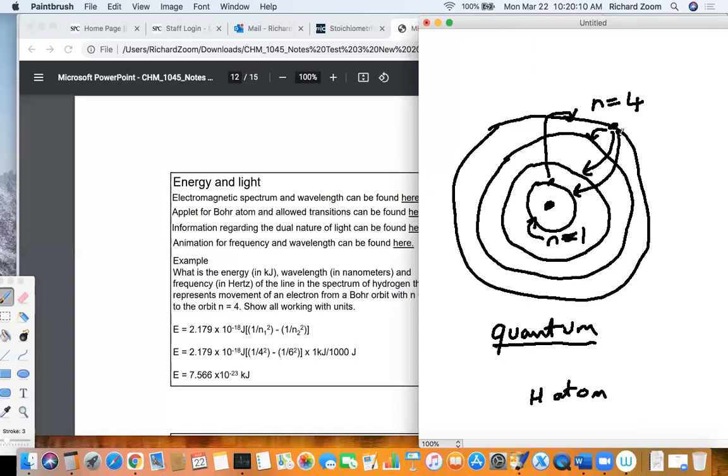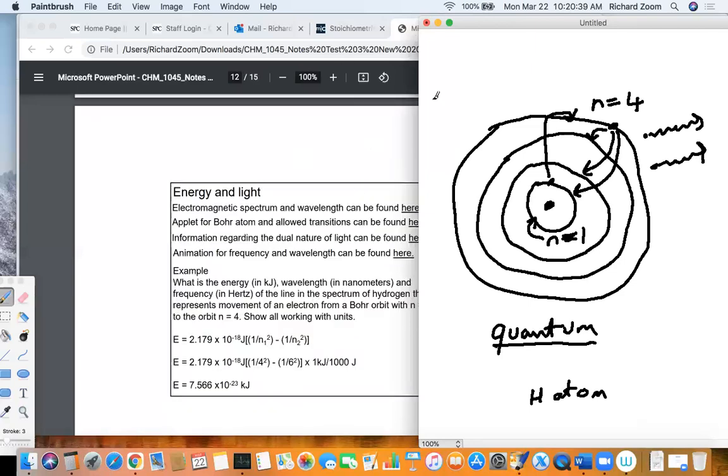It's very specific. It can only stop at the energy levels themselves. So when this electron falls back down, it releases a photon that has a certain wavelength and frequency. And we can actually calculate that based on the difference between these energy levels. So that's the nuts and bolts of it.